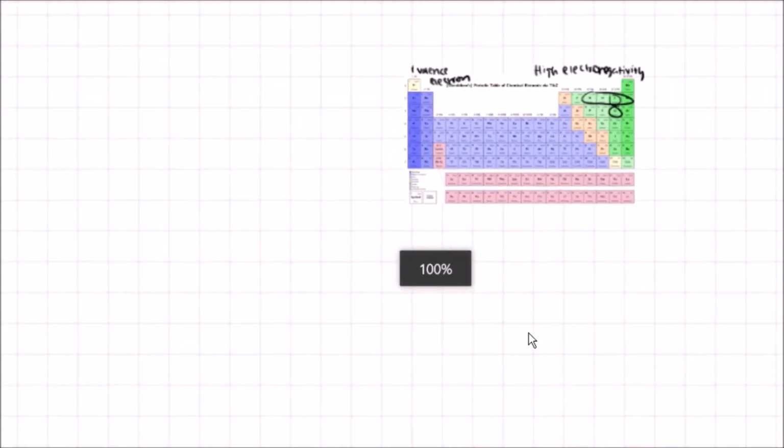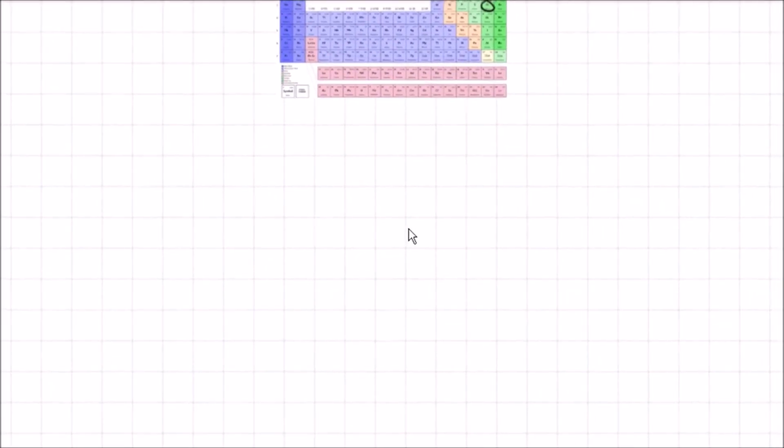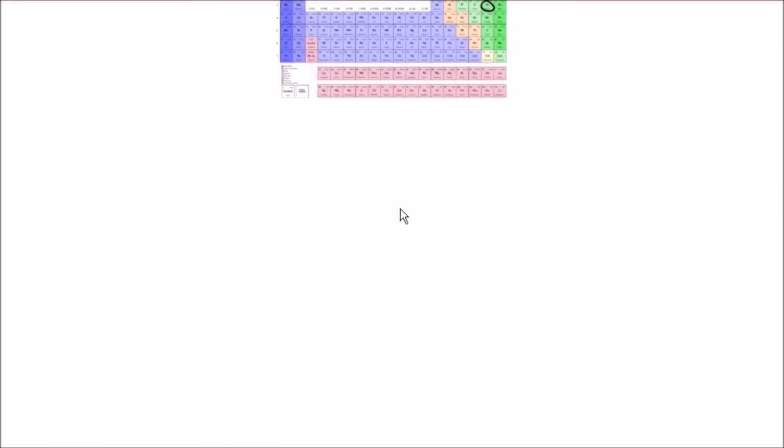Okay, so now let's say we have sodium and chloride, right? We have sodium, and we can represent our valence electron by just drawing it on top of it, and then we have chloride. So we have 1, 2, 3, 4, 5, 6, 7 valence electrons there, and now it's going to be attracted to that sodium.